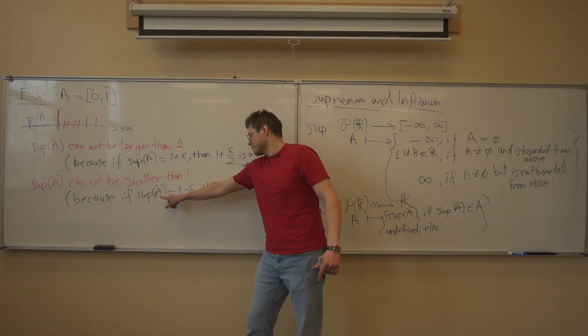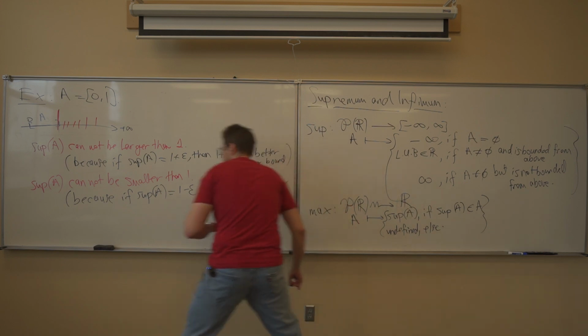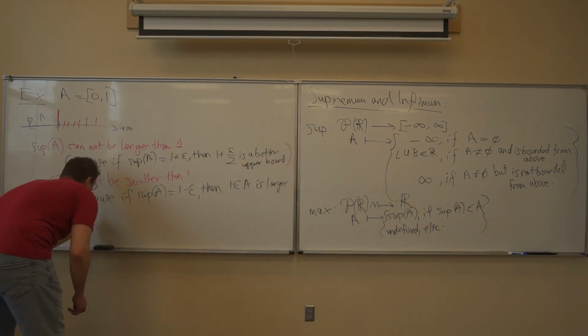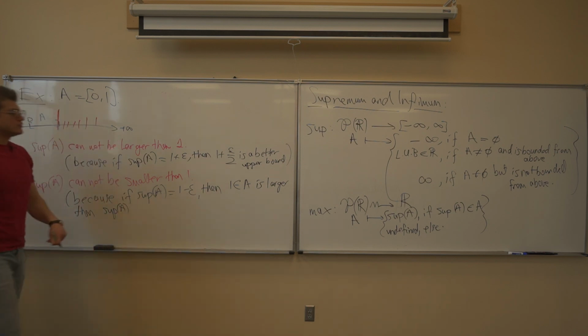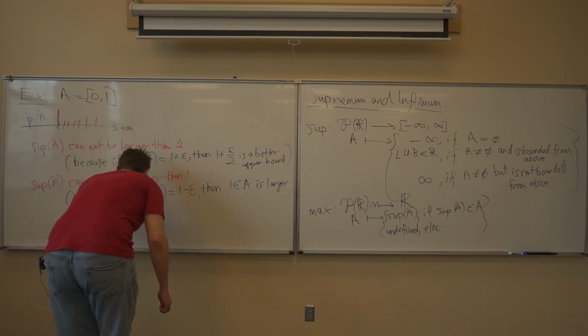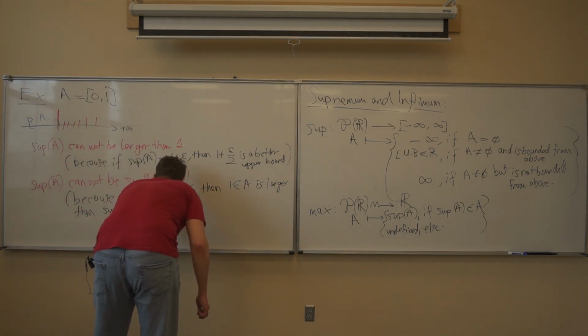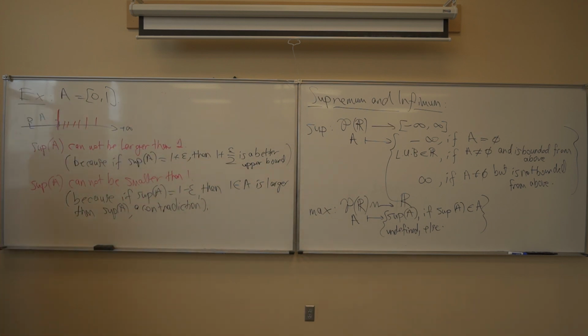But this is supposed to be an upper bound, is larger than sup, which is a contradiction. By definition, sup of A must dominate from above any number in A. Okay.